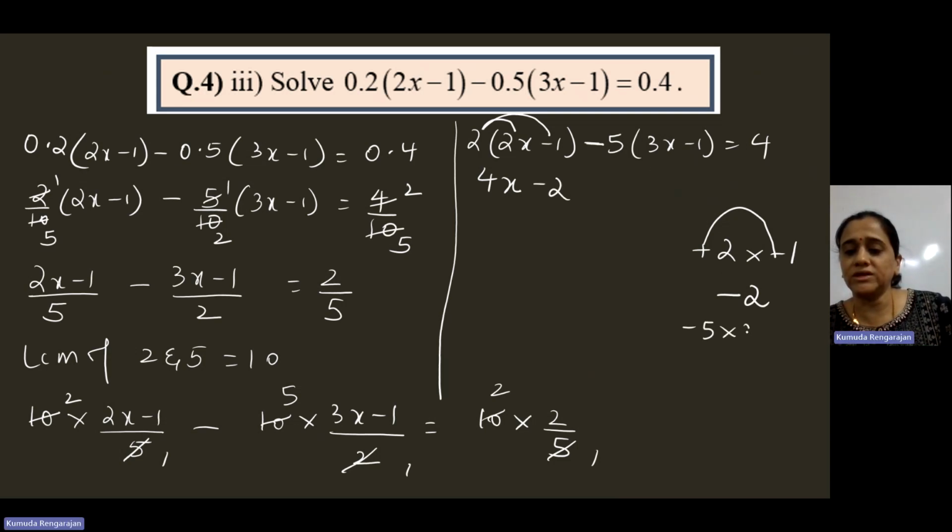Minus into plus, what's the sign for 3x? Plus, right? So minus into plus is minus, 5 threes are 15, minus 15x. Then minus 5 into minus 1: minus into minus is plus, 5 into 1 is 5, is equal to 4.